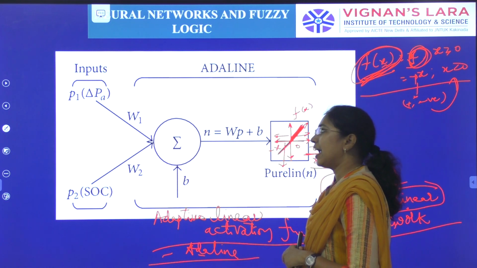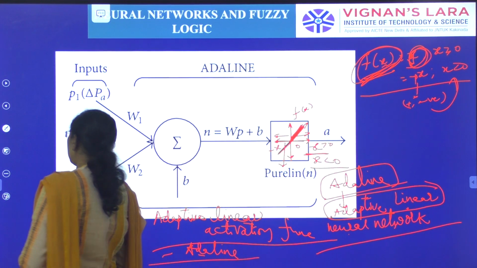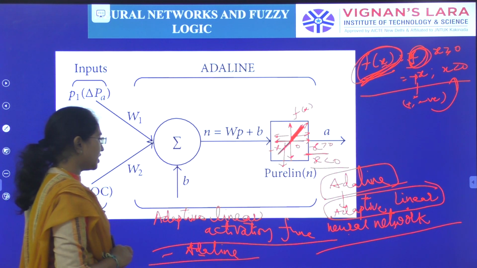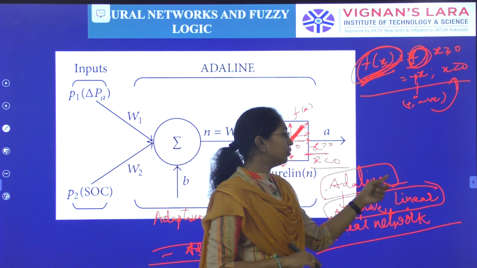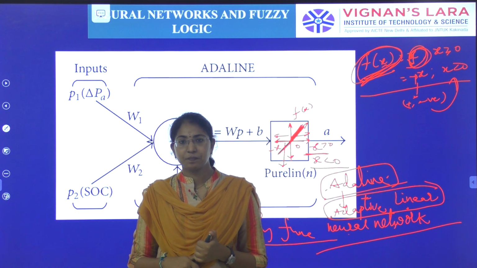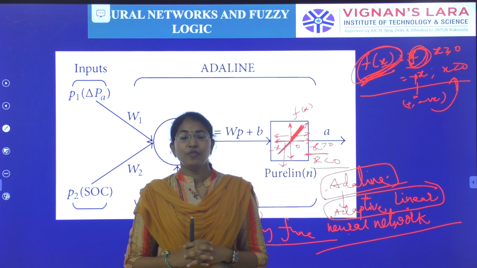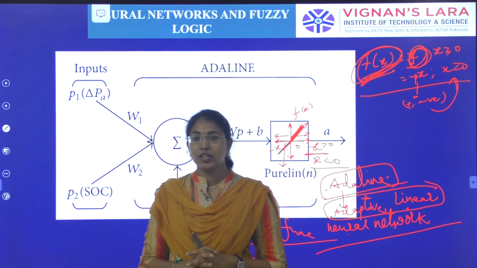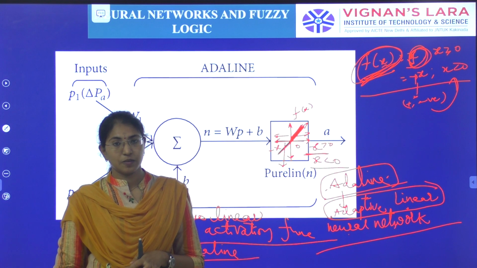So Adaline neural network is nothing but adaptive linear neural network which uses a linear activation function for computing output at the output side of the neural network.